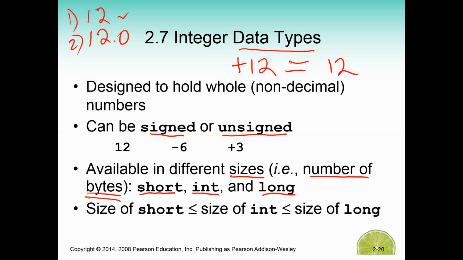How many bits do we have in each byte? 8. So if I have 8 bits, what is the maximum number that I can represent? It's 1 plus 2 plus 4 plus 8 plus 16 plus 32 plus 64 plus 128.